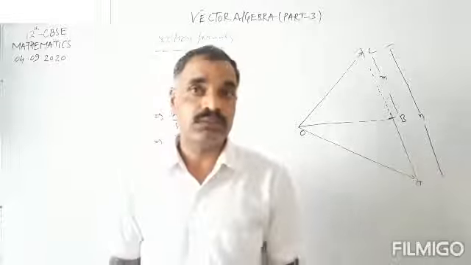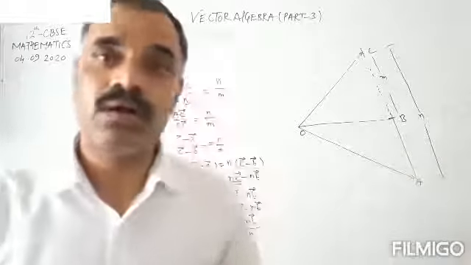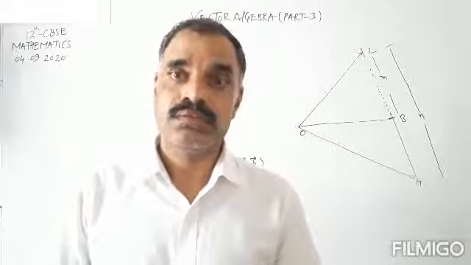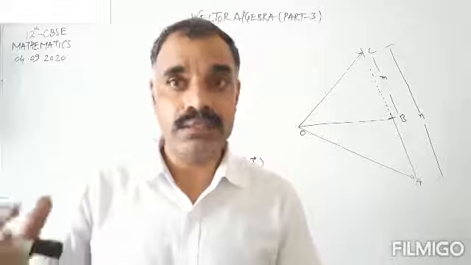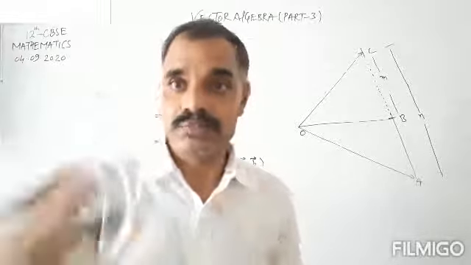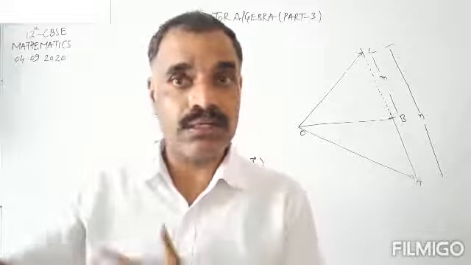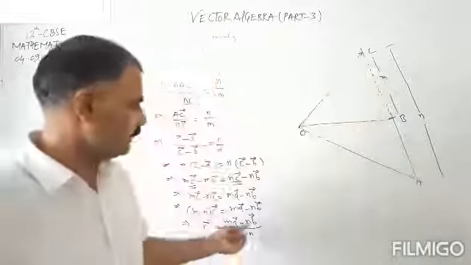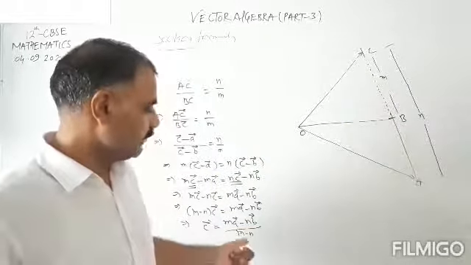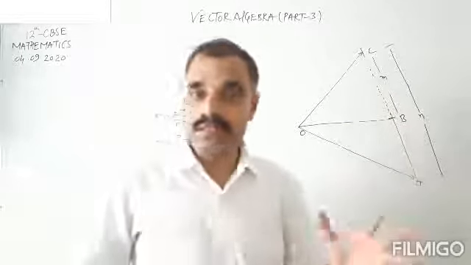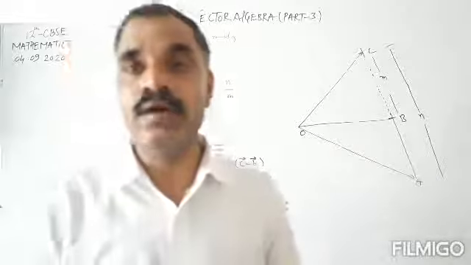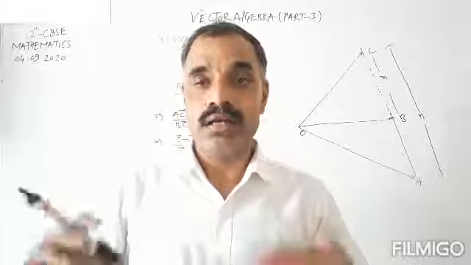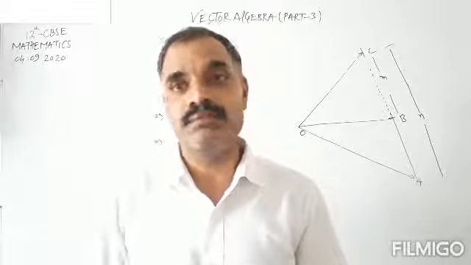Okay, so this is the position vector of any point C that is outside the line segment. C, that point lies outside the line segment, and position vector of that point C is equals to MA vector minus NB vector divided by M minus N. Okay, means this will be treated as the formula for finding the position vector of any point that lies outside the line segment.